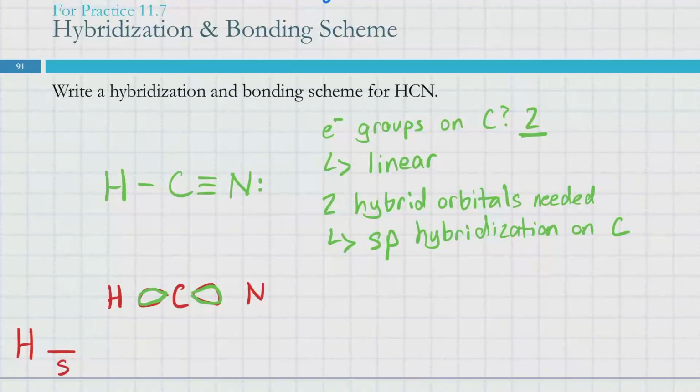How many s orbitals do we have? We have 1 s orbital. How many electrons do we have in the s orbital? Also 1. We just have 1 electron. So we only have access to the 1s orbital, and so it's going to be an s orbital.